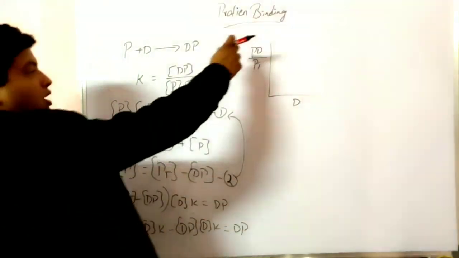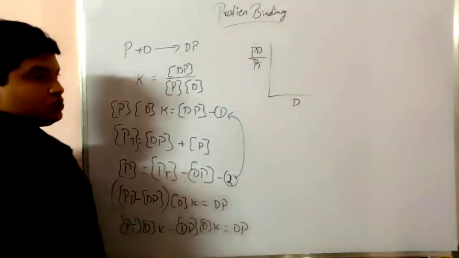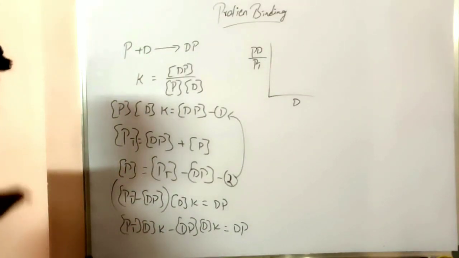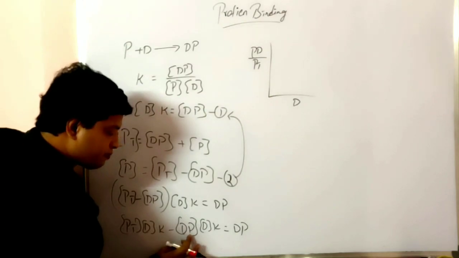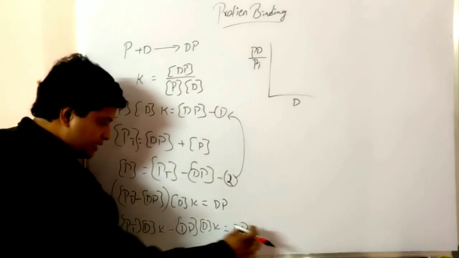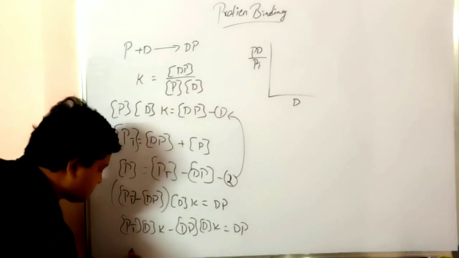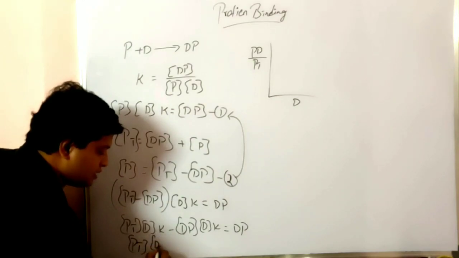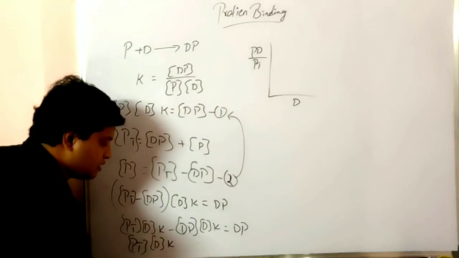So what I want is this ratio on the y-axis. So I want that to be on the y-axis. What will I do? Take this part to this side, because we have Dp here, bound protein here. Take this part to this side. What will we get? Concentration of total protein, concentration of drug, and the stability constant.